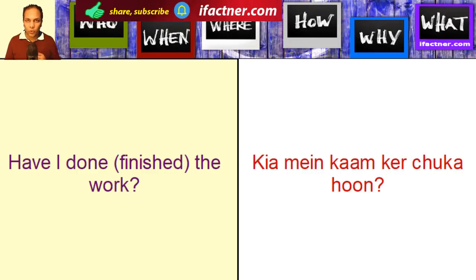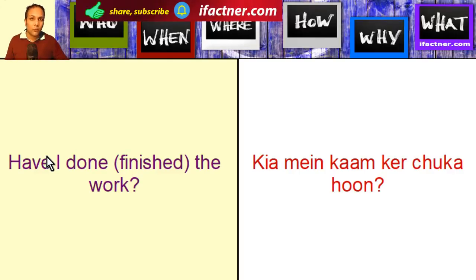In today's video tutorial, we are going to learn to ask have, has and had related questions in Hindi and Urdu. Usually, when we want to ask have or has questions in Hindi and Urdu, we start the sentence with kya and end it with chuka hoon, chuka hai, etc. Chuki hai for female.